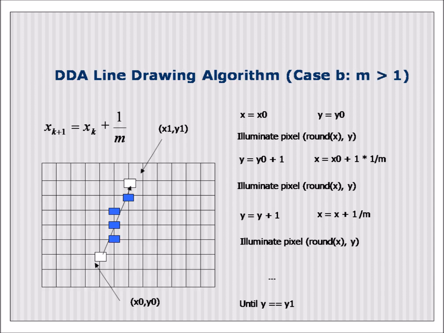Now we will discuss case B, when the slope is greater than 1, that is, m greater than 1. It is also depicted pictorially on the slide. The start of the computation is the same: the starting point of the line, x0, y0, is assigned to x equal to x0, y equal to y0.